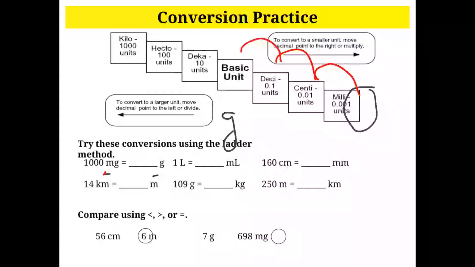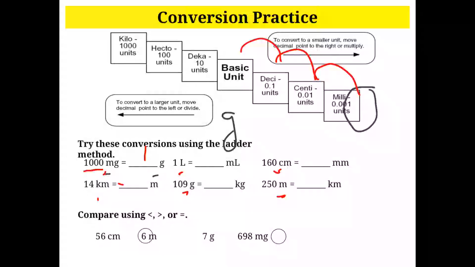It's an implied decimal at the end. The decimal is always at the end unless there's one inside the given problem. So 0.0, 0.0, 1.0. Meaning we're going from milligrams to grams, we're moving 3 spaces. So in this particular one, it would just be 1 gram, because we moved all the way over to the side, 3 spaces, so all we have left is 1.0.